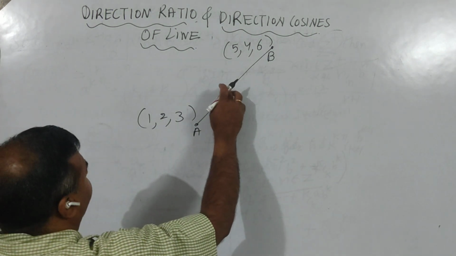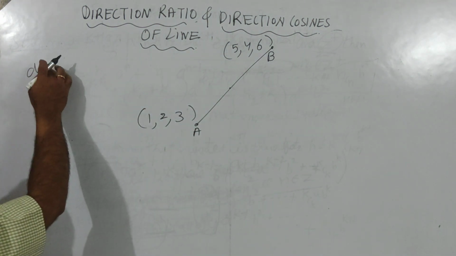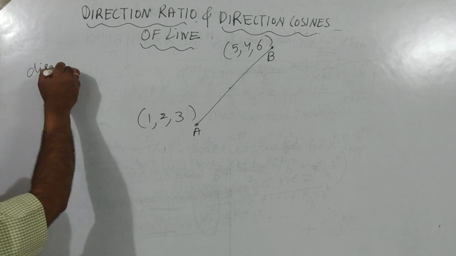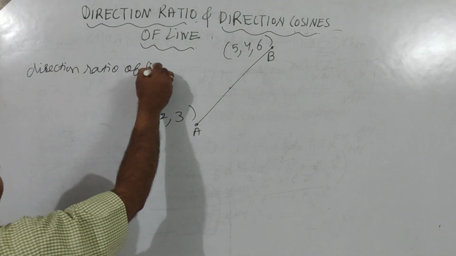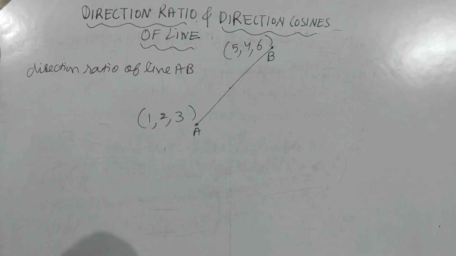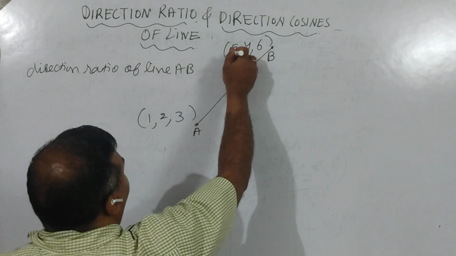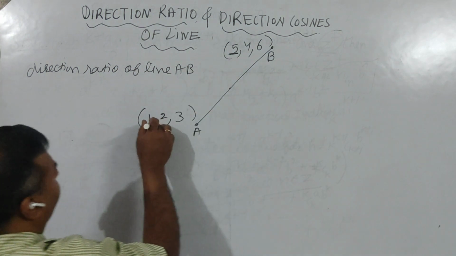You never use the arrow for a line. Direction ratio of a line AB. Now how can we find the direction ratio of line AB, which is similar to that of a vector: 5 minus 1.